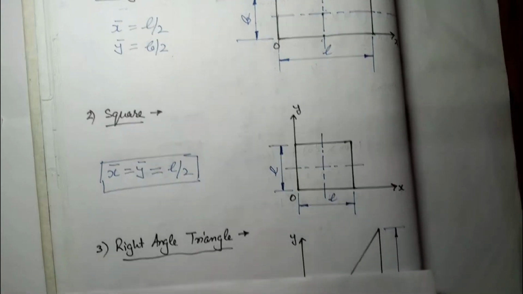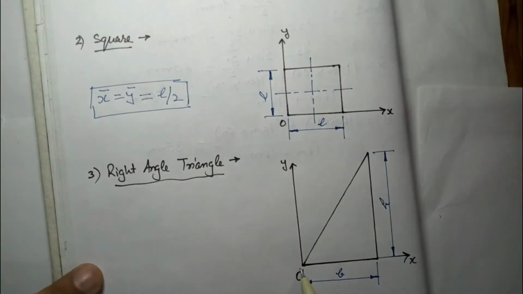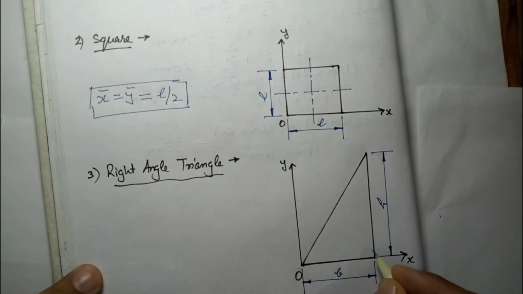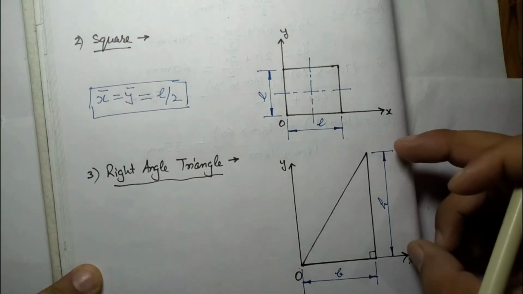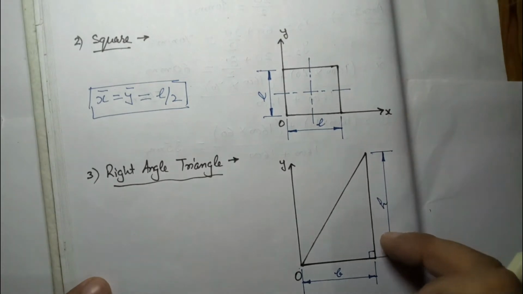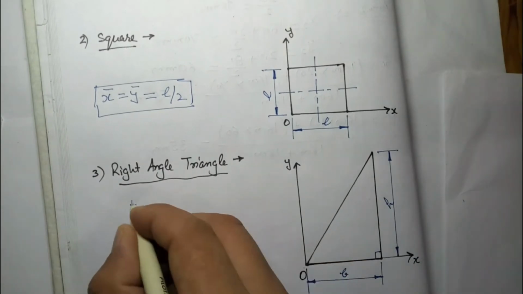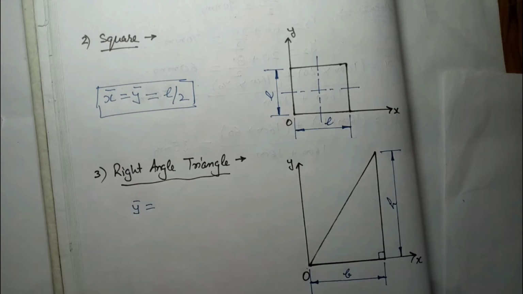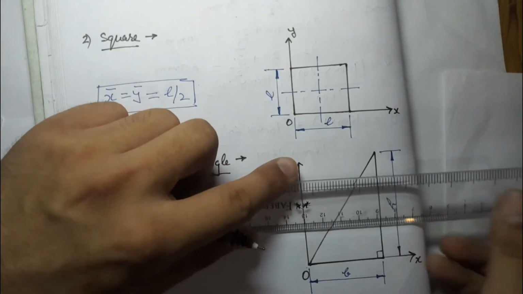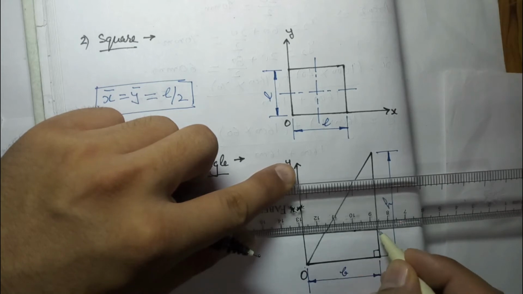The next is when a right angle triangle is given. Right angle triangle means the origin is there, and this angle is 90 degrees. It has this base B and height h. In that case, you just have to remember where the centroid will be. If I talk about y bar, it means the distance from the x-axis in the direction of y. Let's say this is the centroid; I will discuss the second part also.